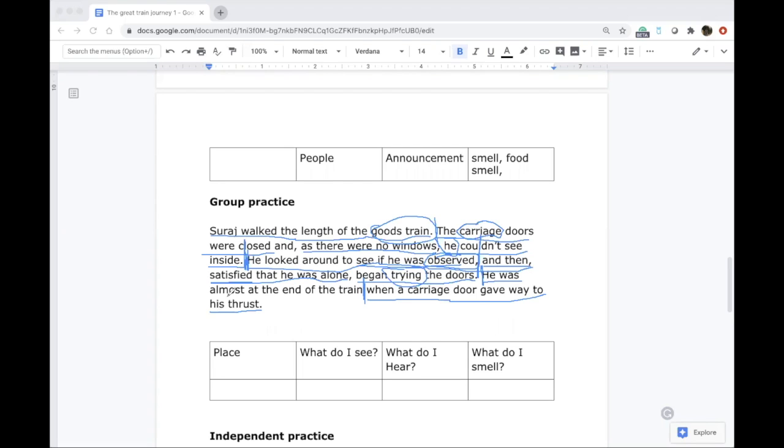This is a slightly difficult word, but if you try to read this word in the context of the sentence, trying to guess the meaning of that word is really easy. So try to read this sentence. When a carriage door gave way to his thrust. Can Srinivas tell me what is the meaning of the word thrust?